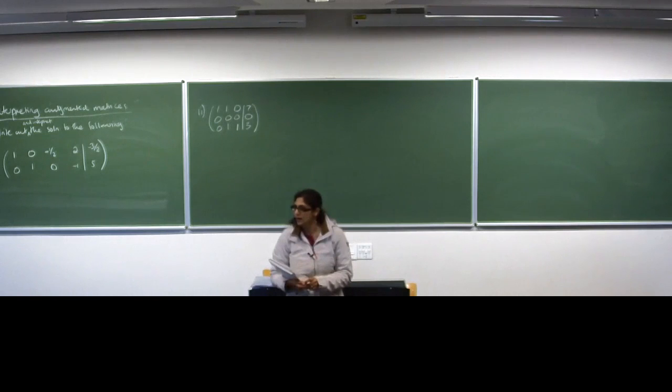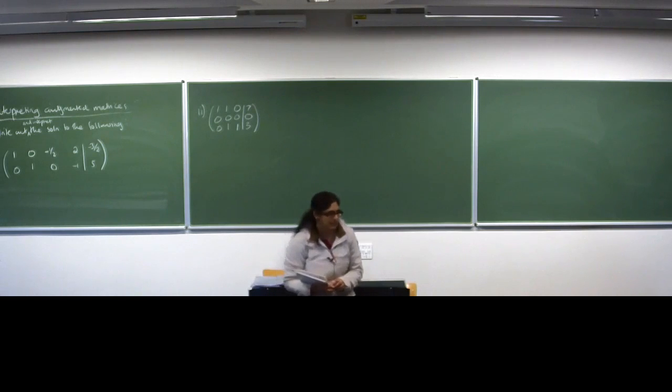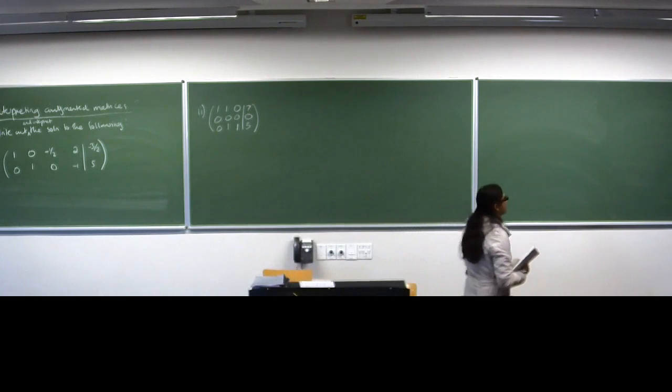All right. We have been doing Gauss reduction, and we've also been interpreting our Gauss reduction. But just to solidify that interpretation, there are some questions on the board. See if you can do them. Interpret those answers.